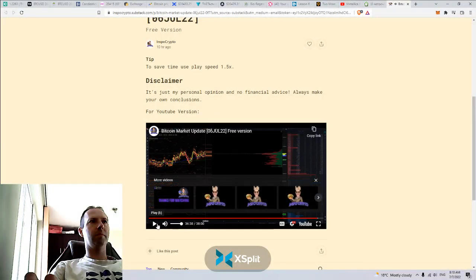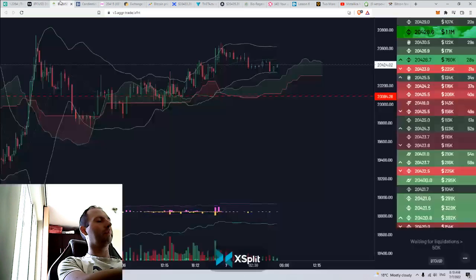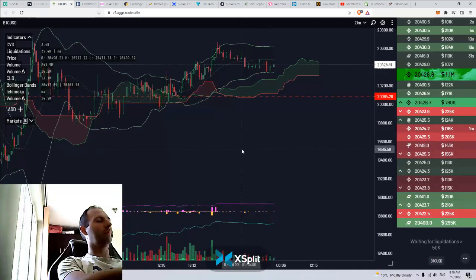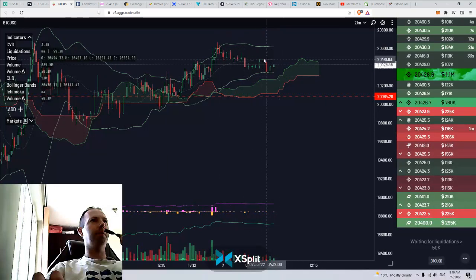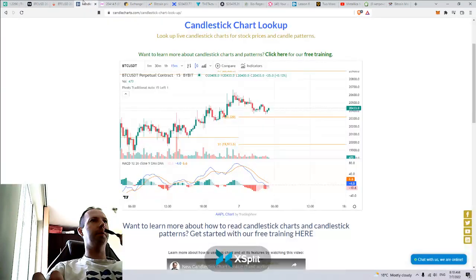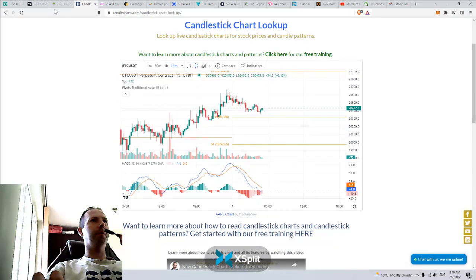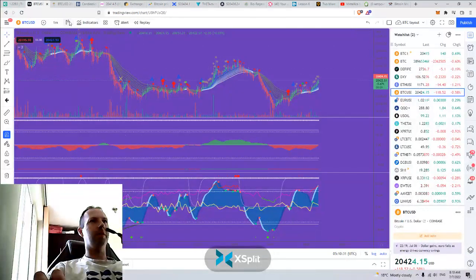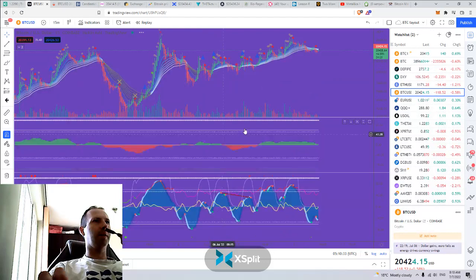I'm stopping the walls because I'm not interested in the walls, I'll be sniffing for a short. Right now it looks like we're going up a little bit. How much I cannot say. The 15 minute seems a little bit bullish, but the money flow is declining, so I'll be very careful to long here.